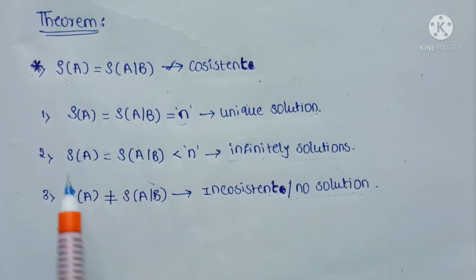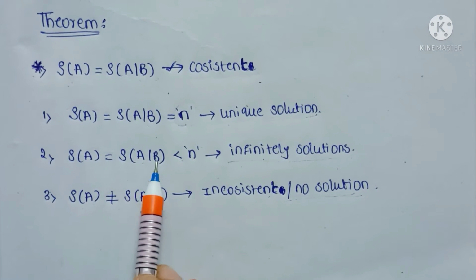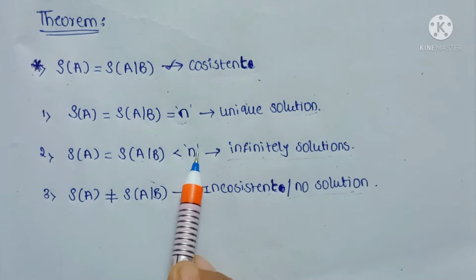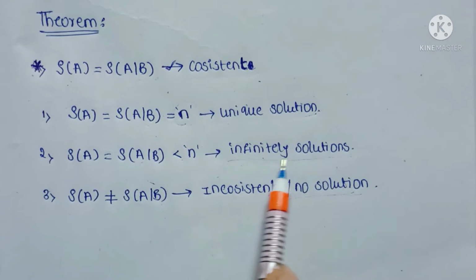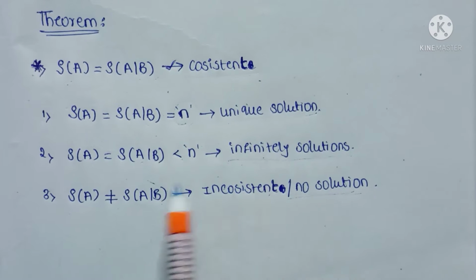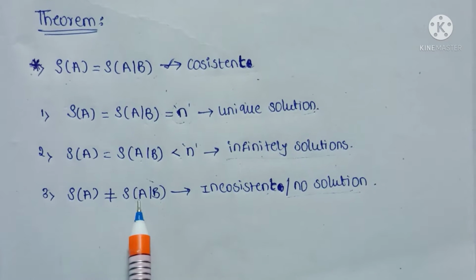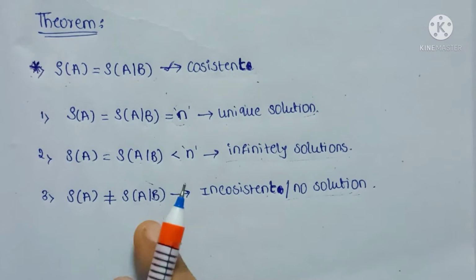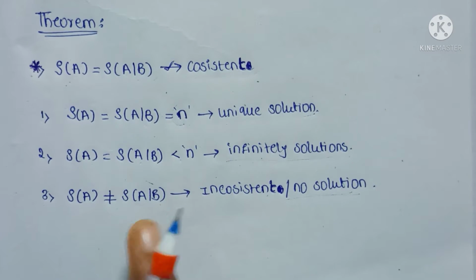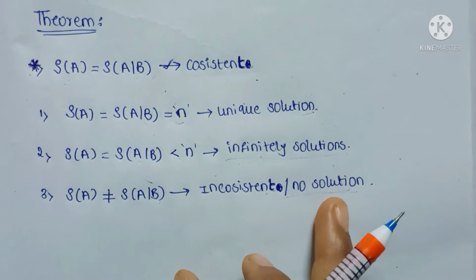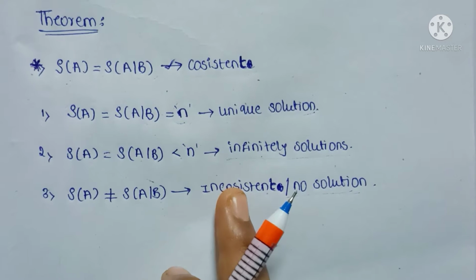If rank of A equal to rank of AB, which is less than n, then it has infinitely many solutions. And if rank of A is not equal to rank of AB, then the system of linear equations has no solution, which is also called inconsistent.